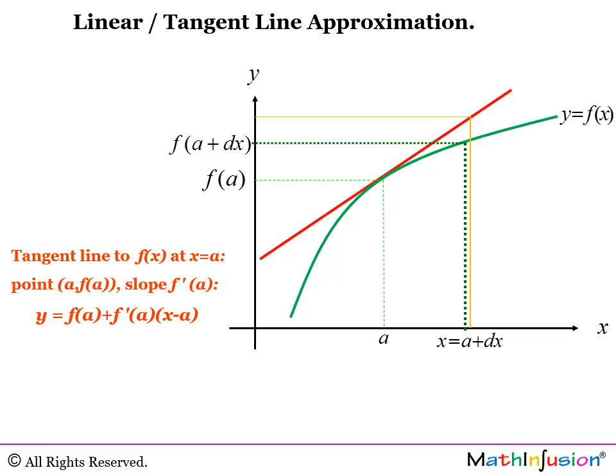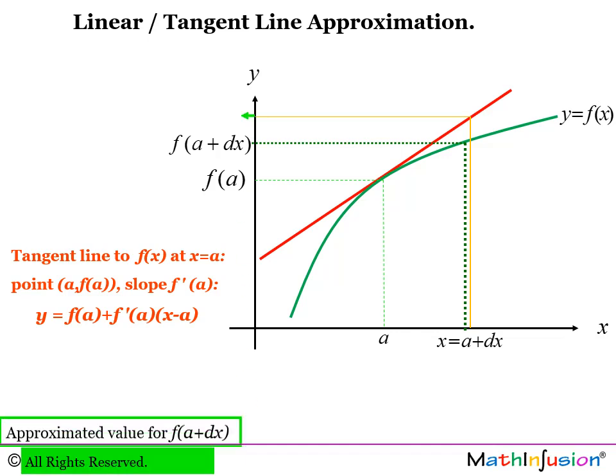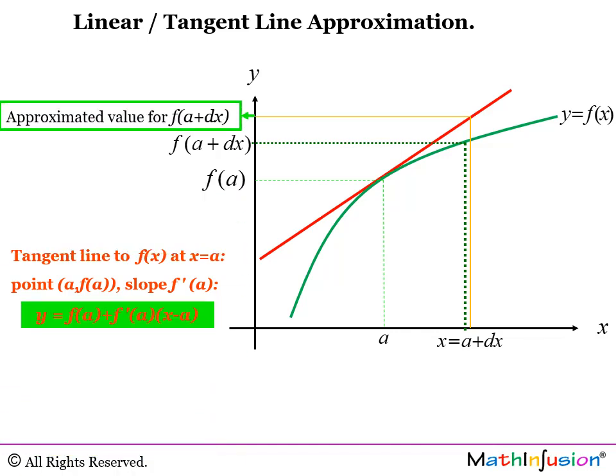As you can see, this value is the approximated value for f of a plus dx, but this is exactly the value of the tangent line that we have here below at the value where x equals a plus dx, because we are considering the tangent line at x equals a instead of the graph of the function itself.